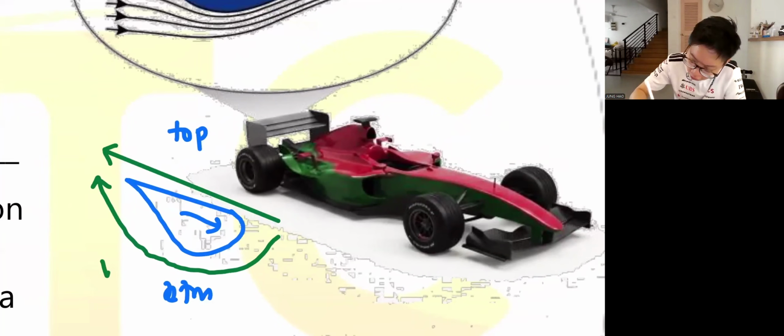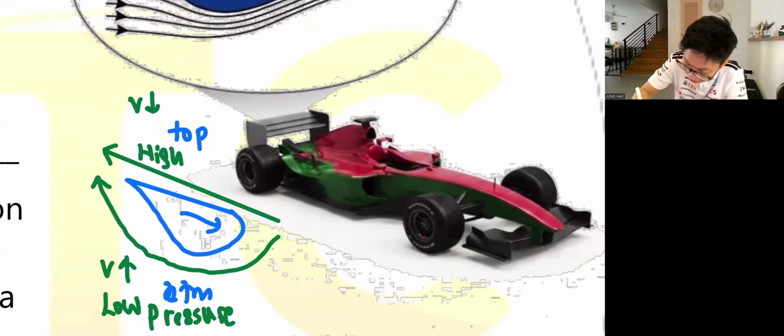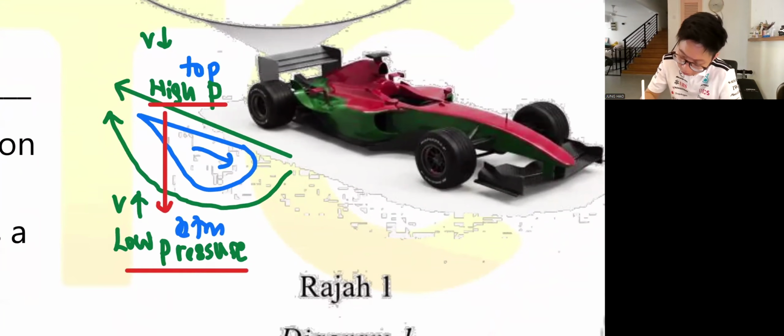Bottom. So the velocity here increases. So here forms a low pressure region. The top part has lower velocity, so you form a high pressure region. So the high pressure region pushes all the way down towards the low pressure region.